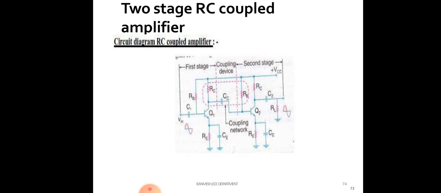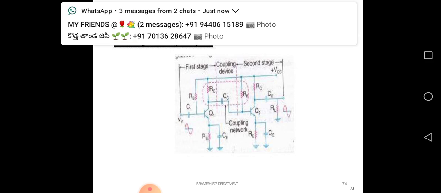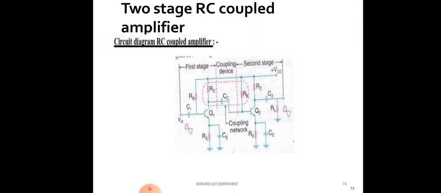So in the two-stage coupled amplifier, we are increasing the signal amplitude, which means current gain increases, voltage gain increases, input impedance decreases, and output impedance is also moderated a little bit. The phase shift is 0 or 360 degrees, and we can use this configuration in audio applications.